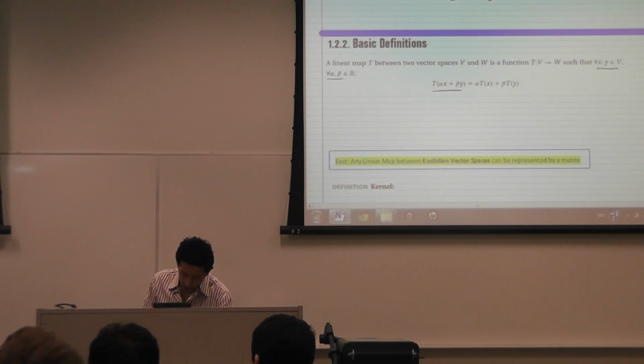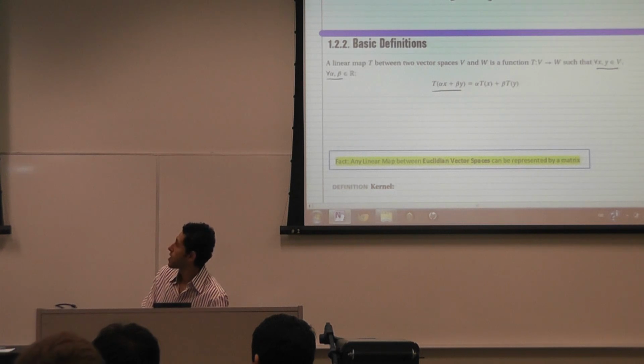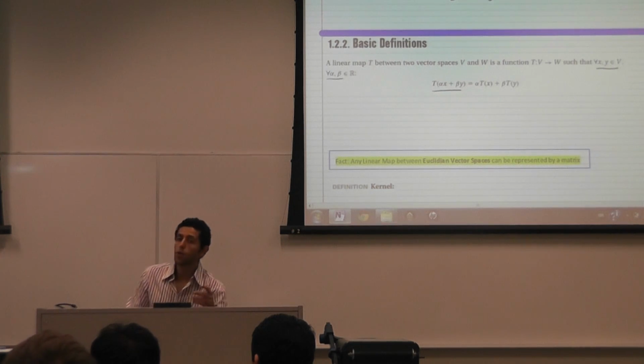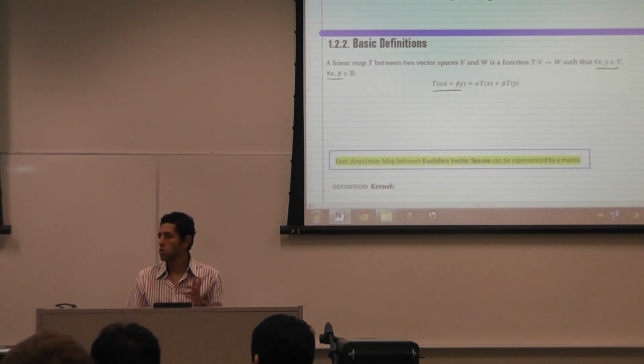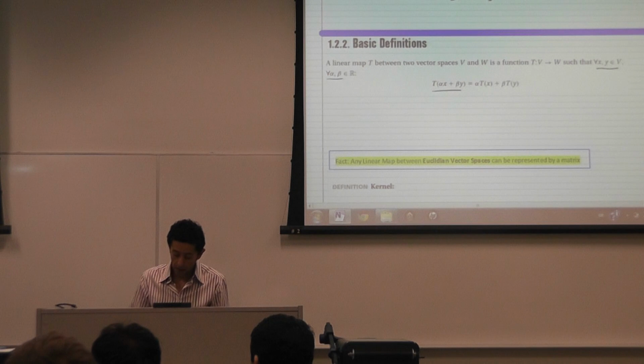And this fact states that whenever I tell you that there's a linear map between two vector spaces, if the two vector spaces are Euclidean vector spaces, then right away, when I choose a certain orthonormal basis set, there is a matrix of numbers that represents this linear map.